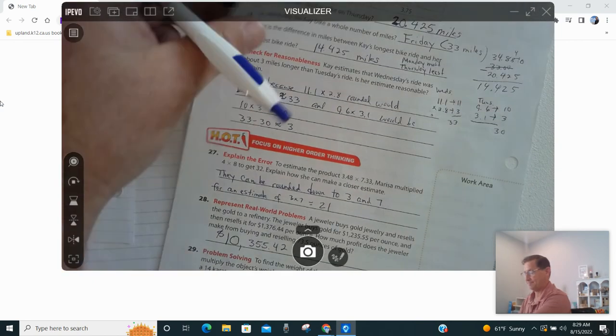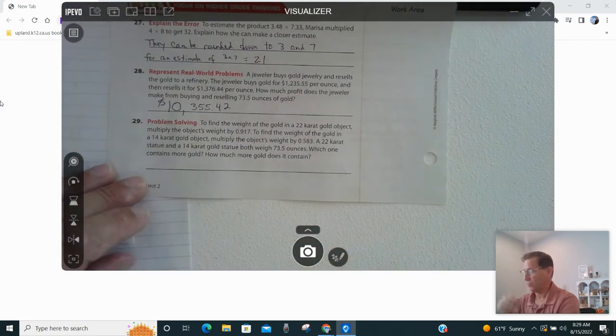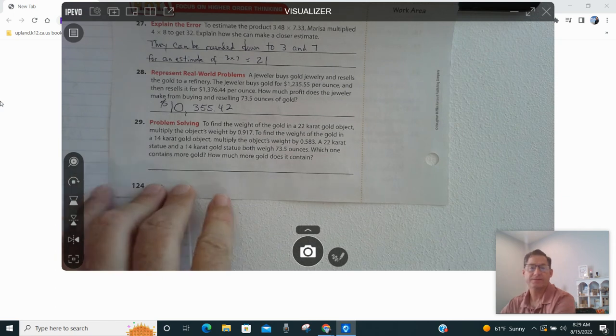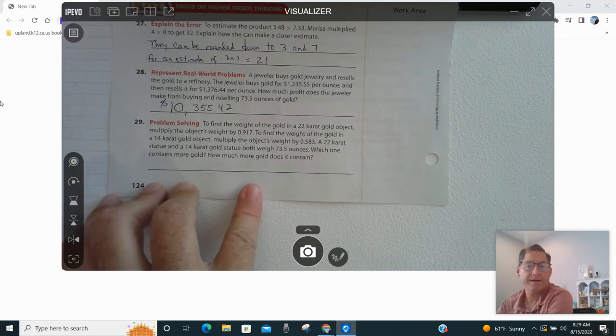And 29. To find the weight of gold in a 22 karat gold object, multiply the object's weight by 917 thousandths. To find the weight of gold in a 14 karat gold object, multiply the object's weight by 583 thousandths. A 22 karat statue and a 14 karat gold statue both weigh 73.5 ounces. Which one contains more gold?